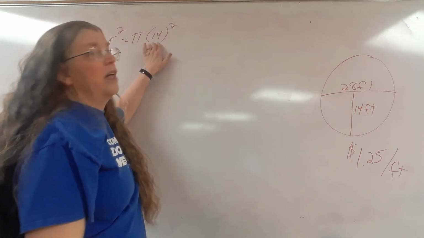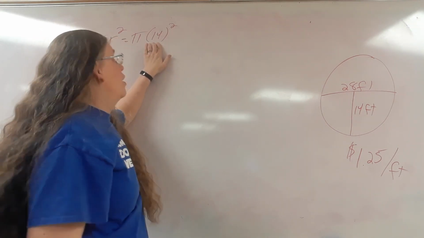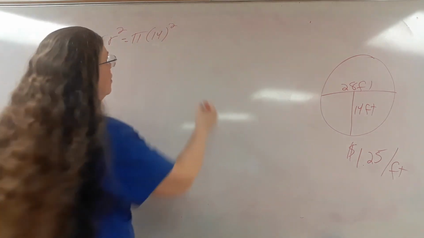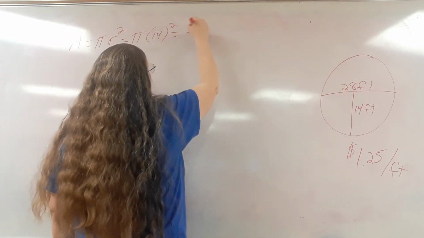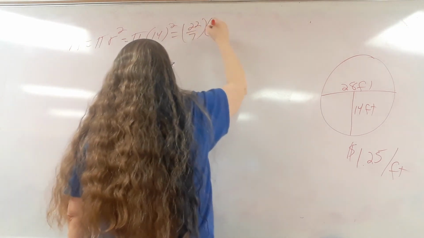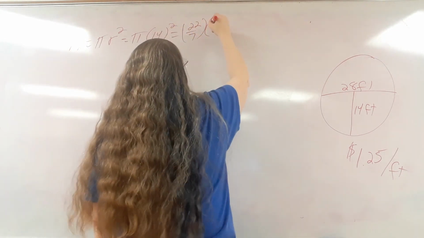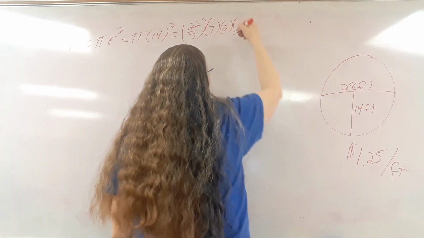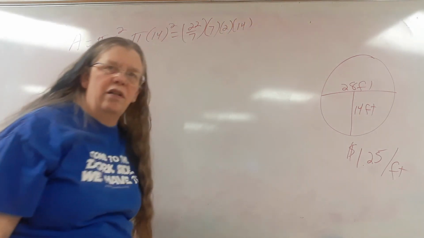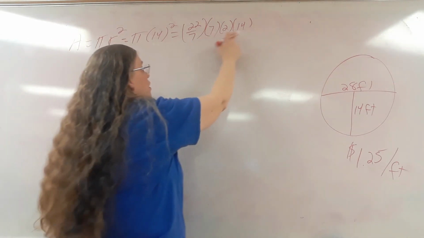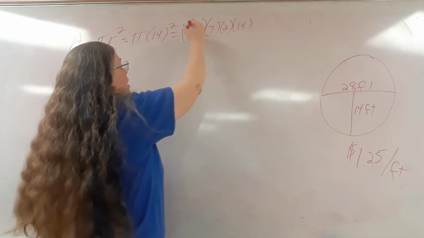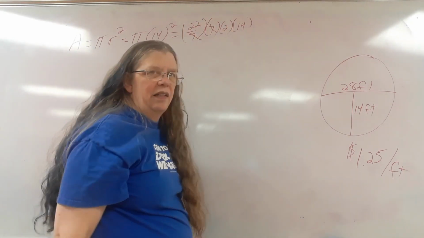I know that there's a 7 in there, and I know I want to pull that 7 out so I can use that 22 over 7. 14 squared is 14 times 14. I broke one of those 14s up into 7 times 2 so that I could cancel this.